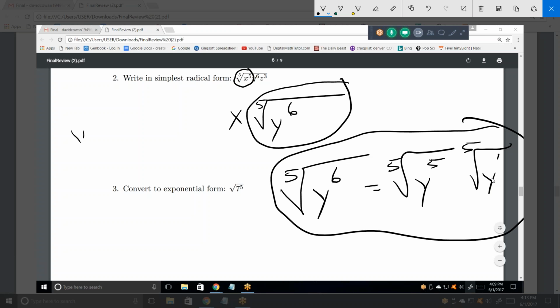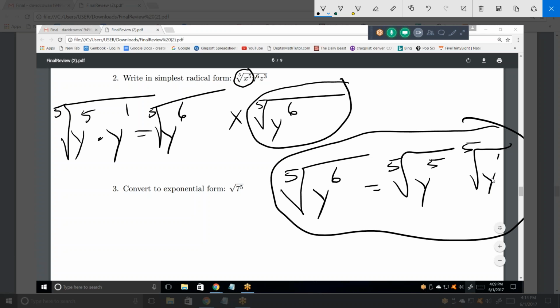If I said, what was y to the 5th times y to the 1st, the answer would be y to the 6th. So if I say, what's the 5th root of that, well, then it's the 5th root of y to the 6th, which is what we're dealing with in the problem.